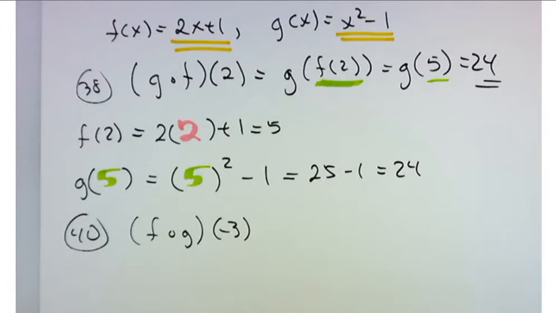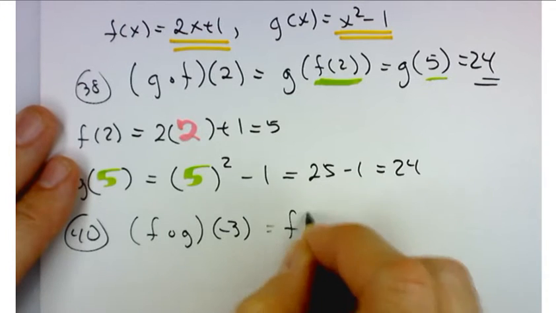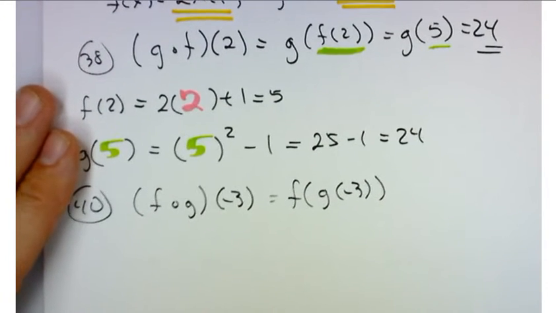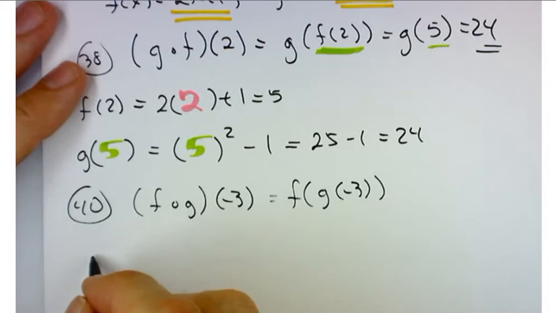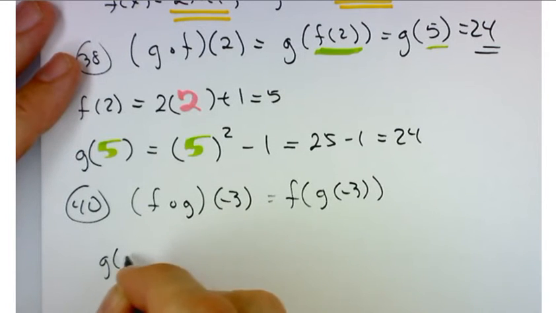When I rewrite this, Kyle, what goes on the inside? Good. So f of g of negative 3. And when I start to evaluate this, Lauren, where should I start? What should I start with? Perfect. So we're going to start with g of negative 3.